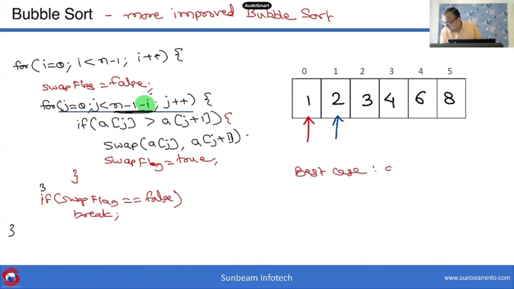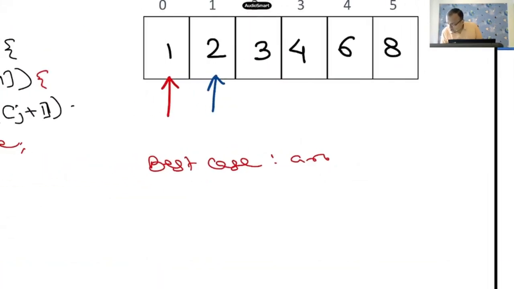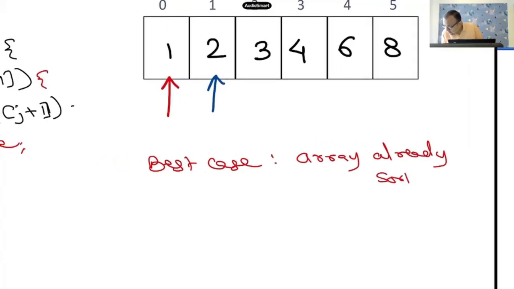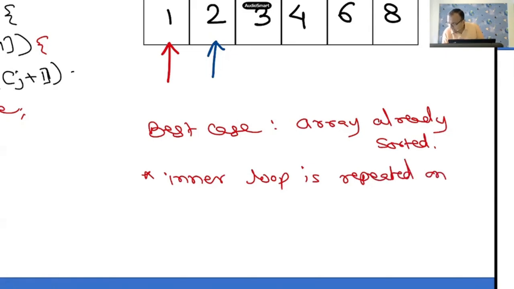What is the best case that we have got? The array is already sorted. And if the array is already sorted, what do we see? The inner loop is executed only once.